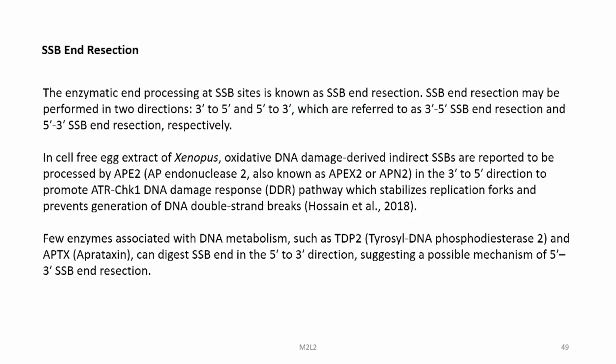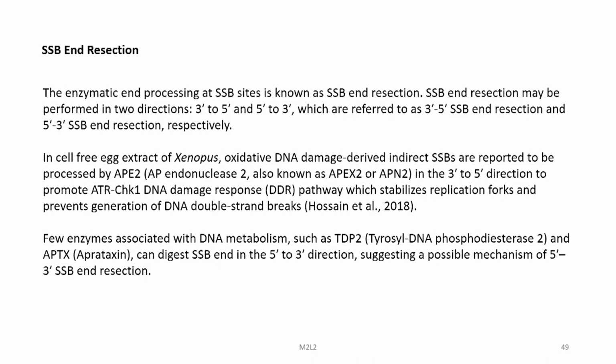The enzymatic end processing at the SSB site may be performed in two directions, 3' to 5' or 5' to 3', which are referred to as 3' to 5' SSB end resection and 5' to 3' SSB end resection respectively.